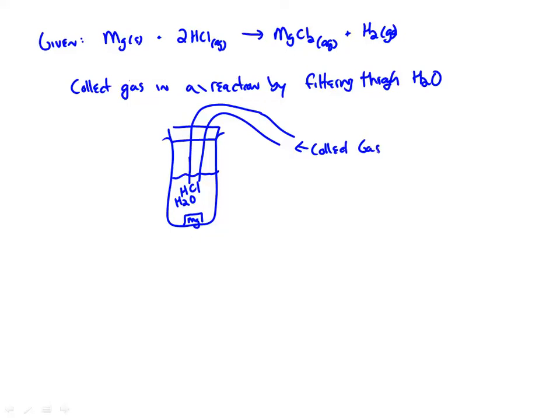But the problem is that I'm also collecting not only H2 gas, but water has vapor at that temperature too. So what I'm really collecting is a mixture of hydrogen gas and water gas.